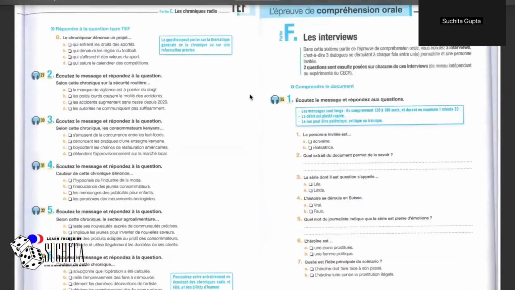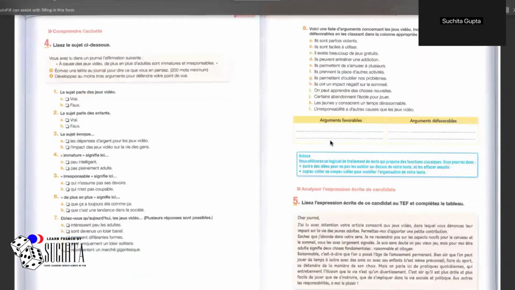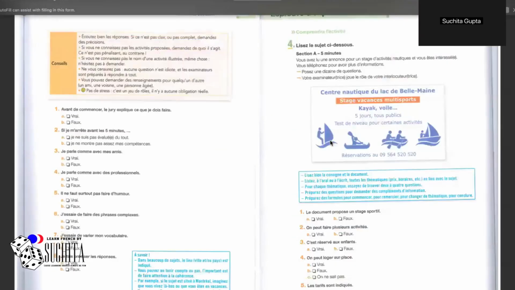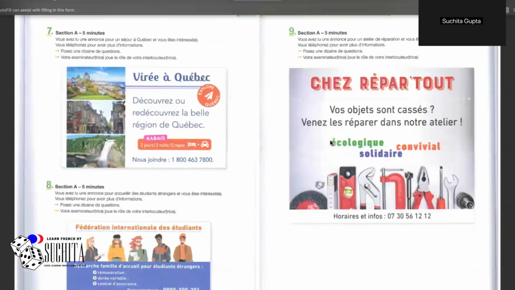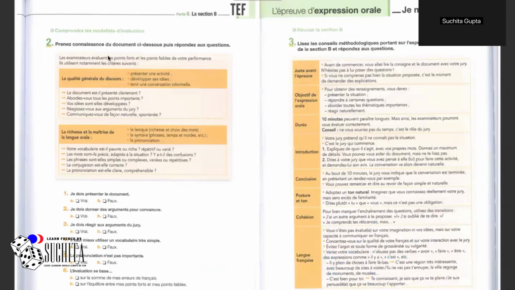Let's go to expression orale. And also from this book, yeah, here it is. Give it a read, like section B. It begins from here. So this is the topic for the upcoming week. Give all this a read, like I was telling you for section A. You'll get some ideas on what basis you are marked.